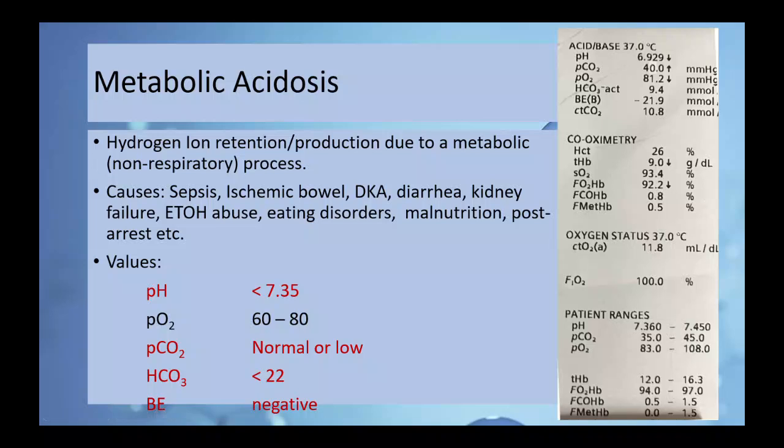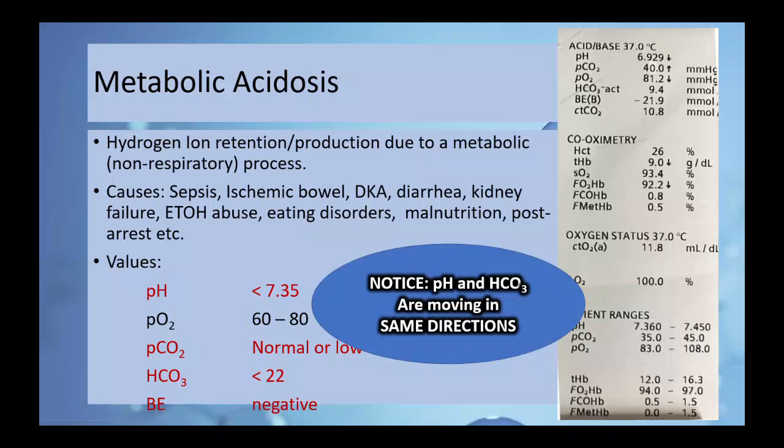If the bicarb is less than 22 and the pH is low, then the lack of bicarbonate in the presence of a lot more hydrogen is what's causing this acidosis. This is a metabolic acidosis. Notice with metabolic, they're moving in the same direction. Both pH and bicarbonate, the values we care about.